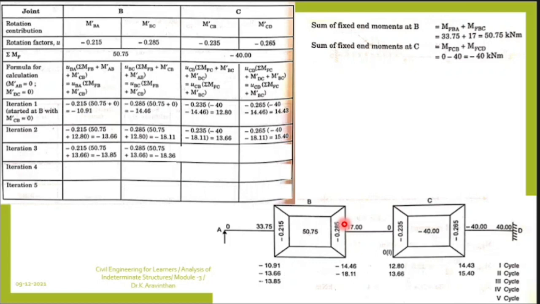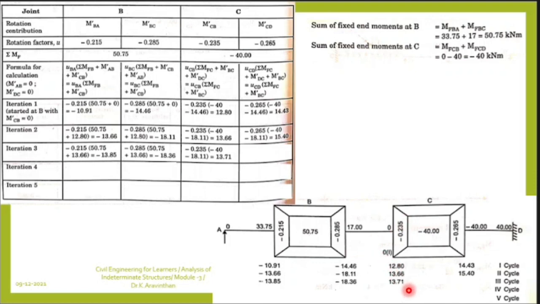Next one. Minus 40 minus 18.36 into minus 0.235. 13.71, yes.